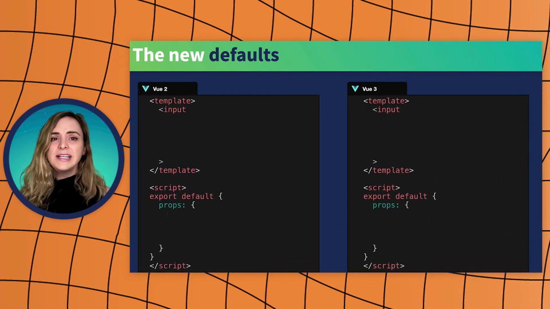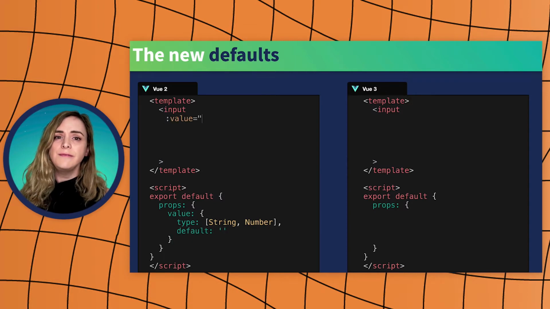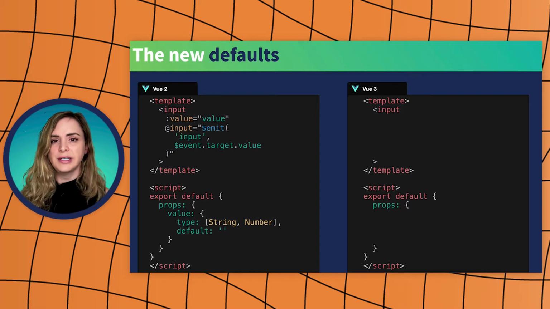Now, let's take a look at how the code of a simple input wrapper component might look with the new Vue 3 vModel syntax. In Vue 2, we would declare a new value property and then bind it to the value attribute of the input element. Then, we would add an @input listener that emitted an input event. Now let's do it again, but in Vue 3.